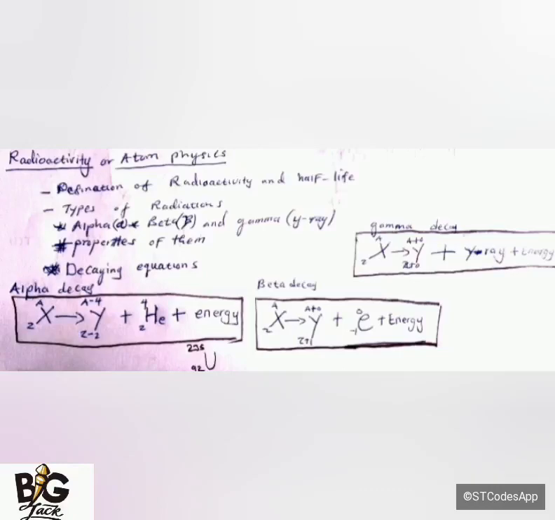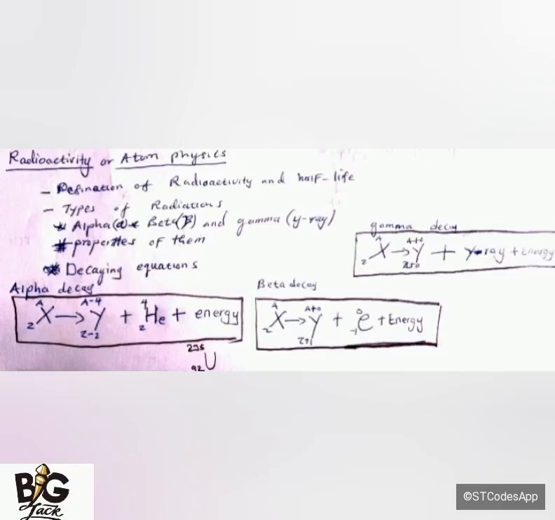Apart from that, the beta particle has the nature of an electron. A beta particle is also affected by both the electric field and the magnetic field.